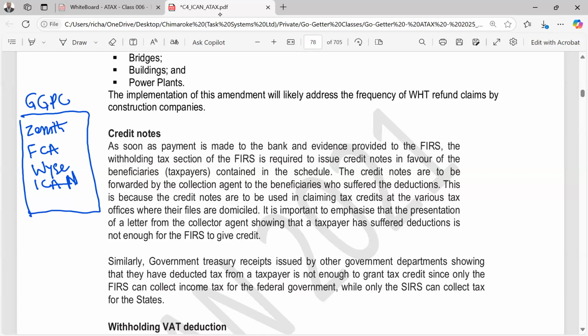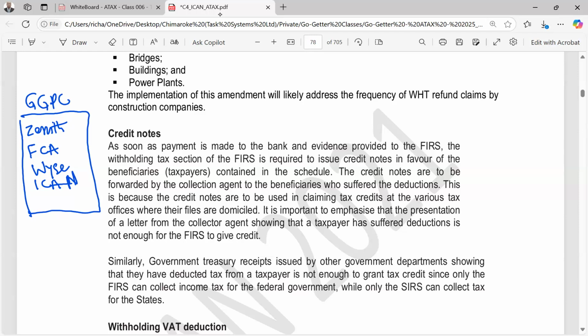Fine, that is showing that I am indebted to you. But bringing that letter by Zenith Bank or FCA and showing it to FIRS that look, I have suffered the withholding tax, that letter is not enough. What FIRS is looking out for is, do you have a credit note?